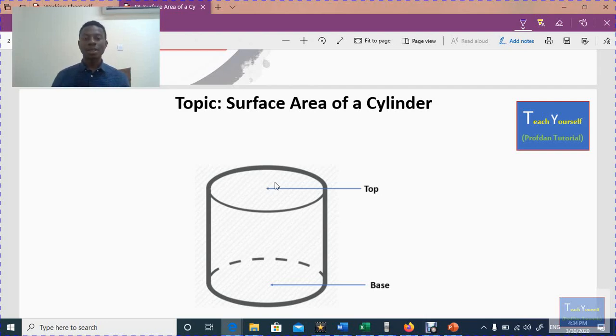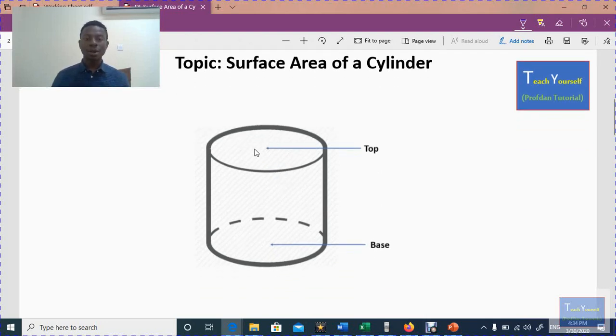Don't forget that a cylinder has a top part and the base or the bottom, which are circular in shape, and one curved surface. Now I'm going to use this to explain to you.